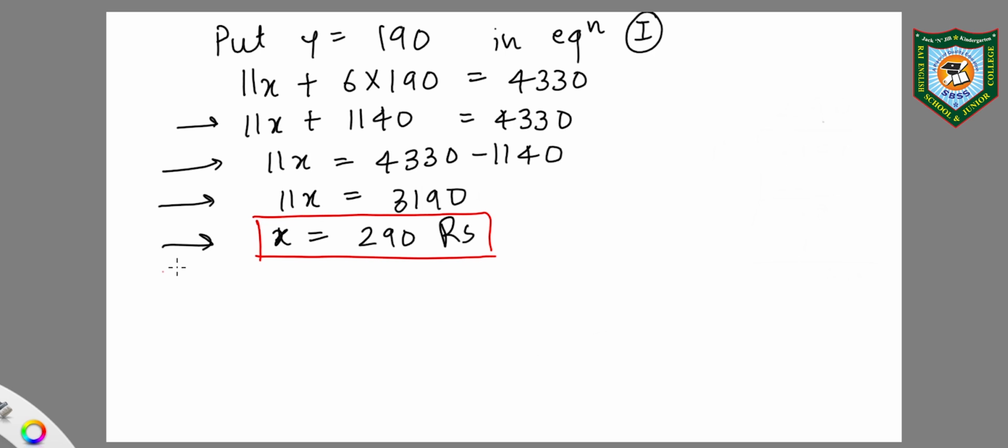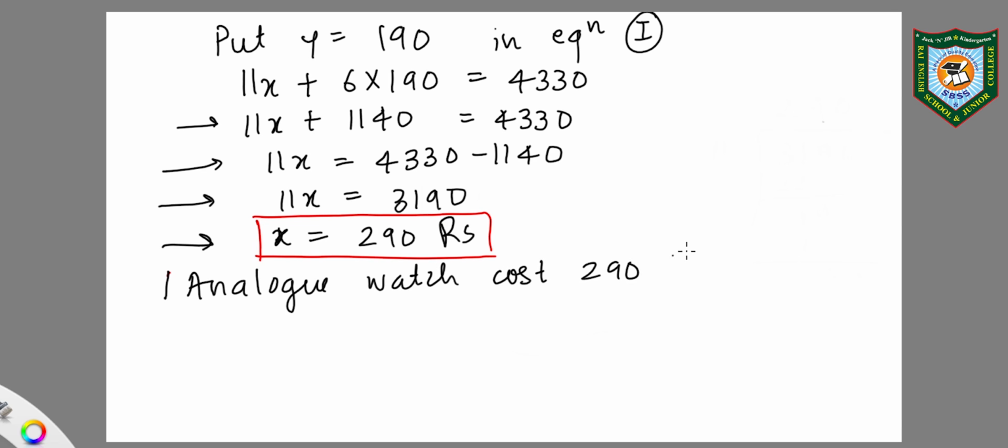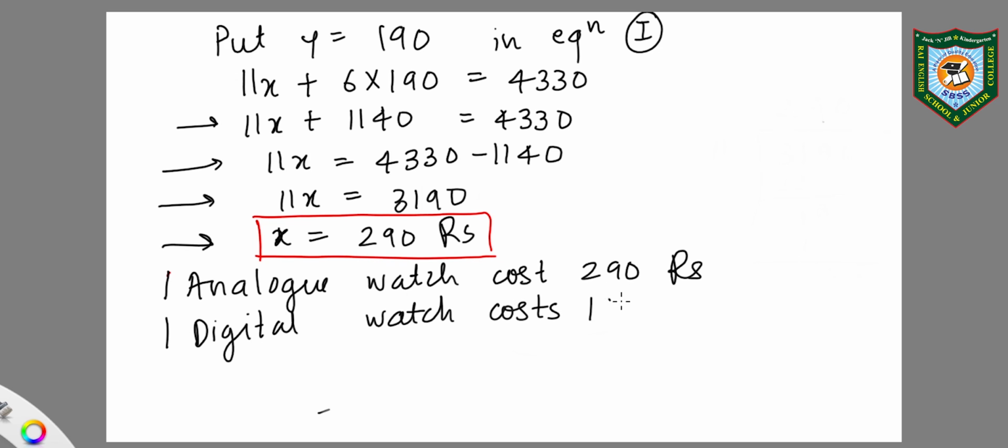So one analog watch costs 290 rupees and one digital watch costs 190 rupees. It is important to write the statement in this way so that you get complete marks.